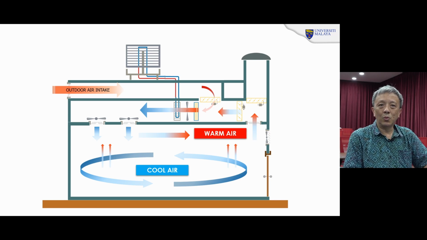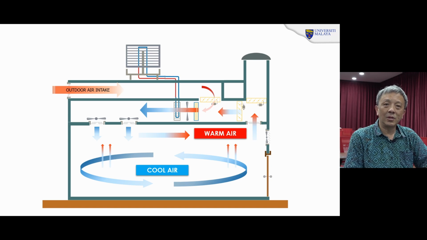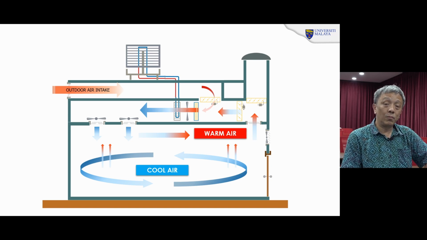So the blue downward arrow shows the supply vent, and the blue and red upward arrow shows the return vent. This is how normal air flows within a room, which is not a laminar flow room.